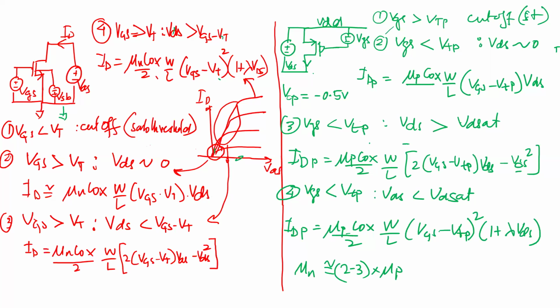But for audio devices, we always try to use the PMOS because the low-frequency noise for PMOS is lower. Okay, noise we probably won't be able to cover in this, but I'll maybe just give you an overview next week. Okay, so clear now, the large signal analysis.